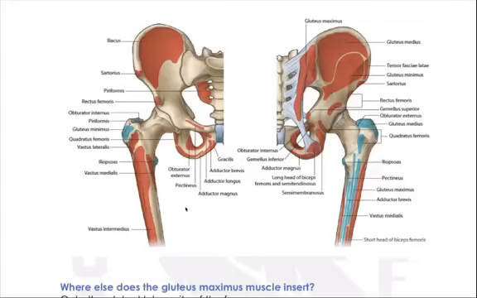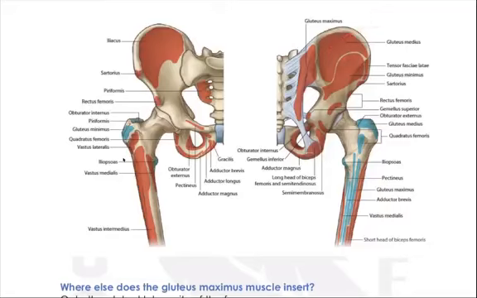About the insertion, the gluteus medius and the minimus will be inserting over the greater trochanter, right? What about the gluteus maximus? Can anyone tell me where it will insert? Iliotibial tract. Fantastic. It will insert into the iliotibial tract. What about the nerve supply? The gluteus maximus is supplied by the inferior gluteal nerve.